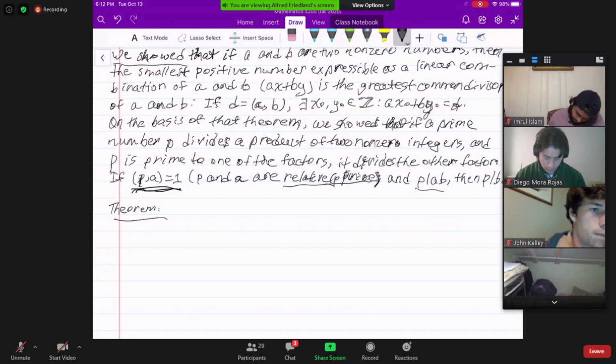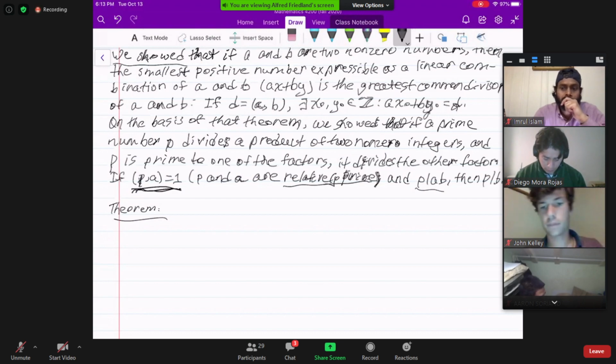We used the division algorithm to prove the theorem last Thursday that said that the greatest common divisor of non-zero integers A and B is the least positive integer expressible as a linear combination of A and B. Then we used that to prove the theorem I just reminded you of, namely that if a prime P divides a product, it's prime to one of the factors, it divides the other.